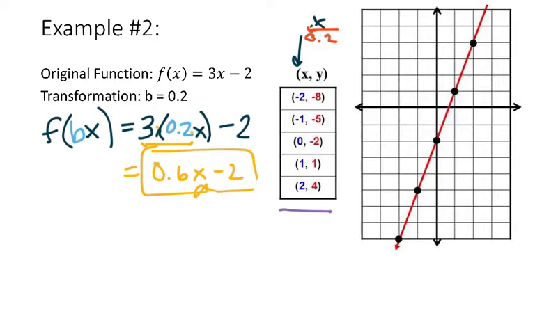So if you want to keep your table the way it is for your y values, all you would need to do is take negative 2 and divide by 0.2, and you'd get your new x value, which would be negative 10. If we divide negative 1 by 0.2, we get negative 5. 0, of course, won't change. A positive 5, and then a 10.